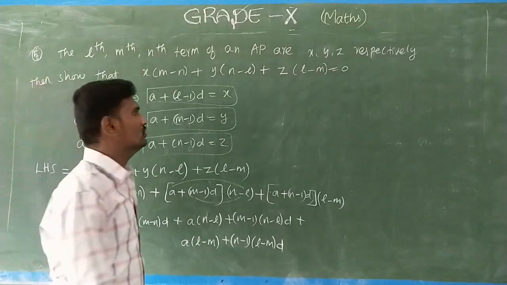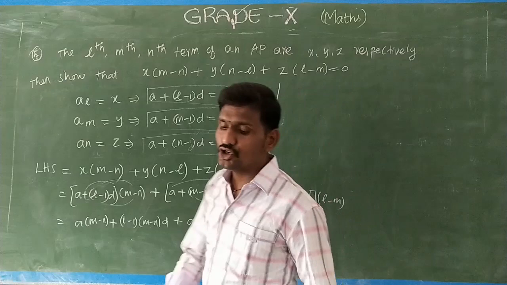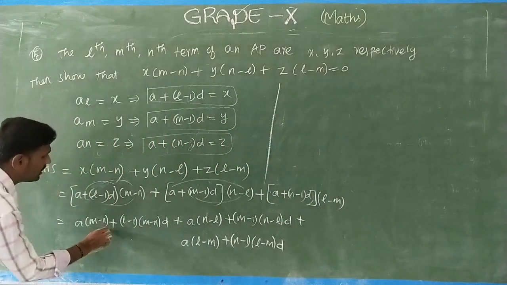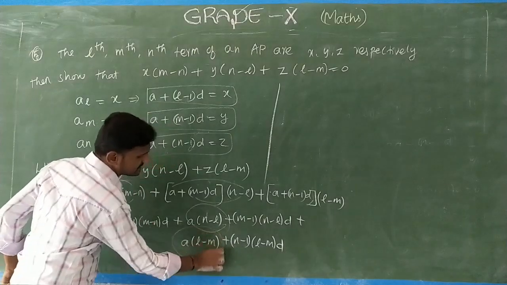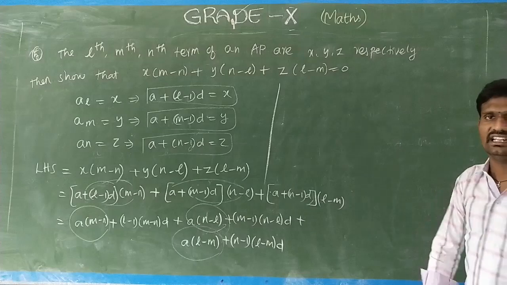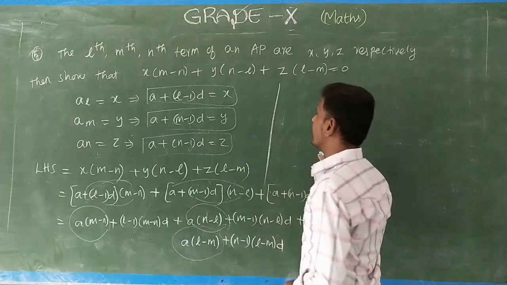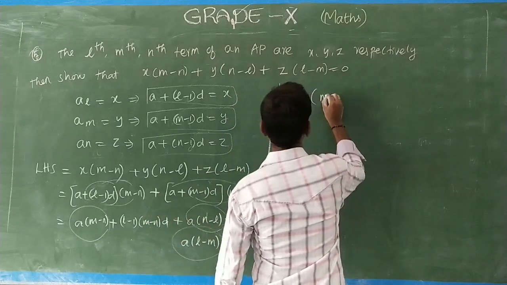Yes, students? Okay. Now the simplification. Before that you should know one thing. You have the value of a in three places. So in the three places you have a common term a, the first term. I am taking it outside to get a into (m minus n).